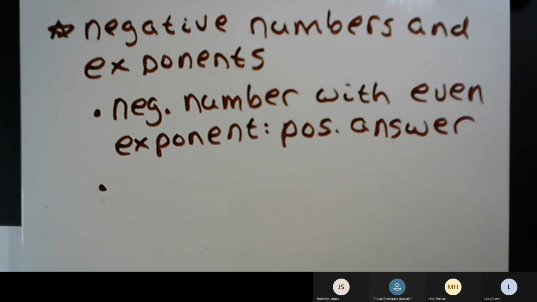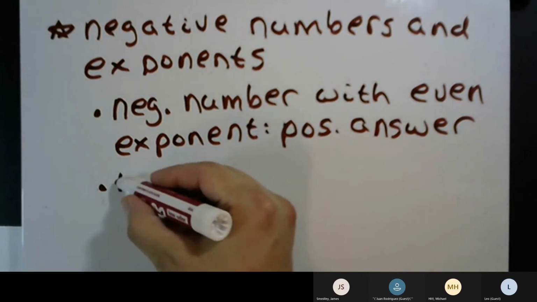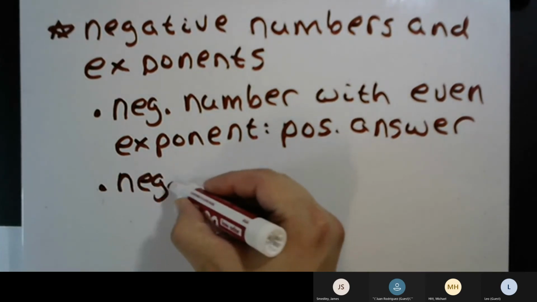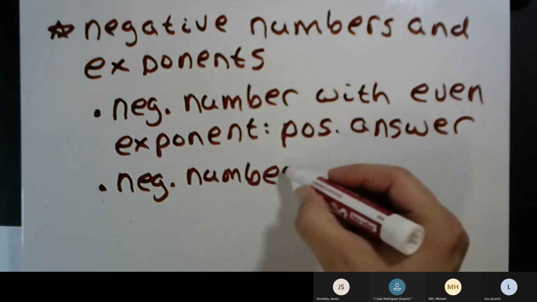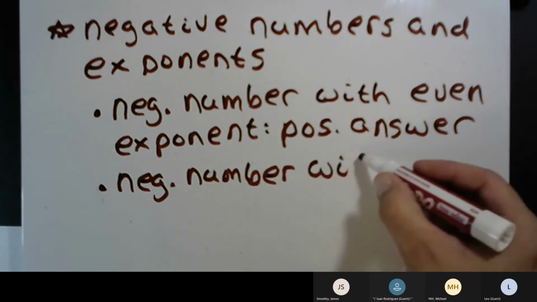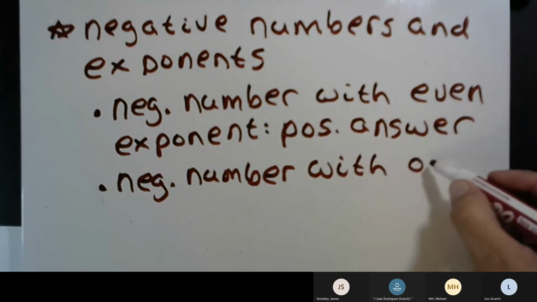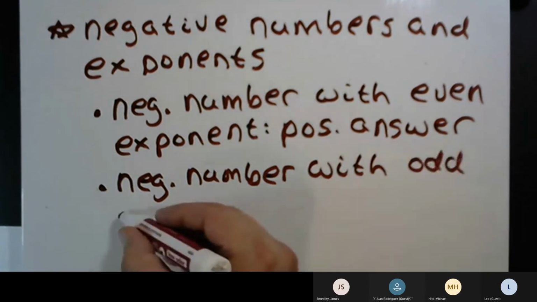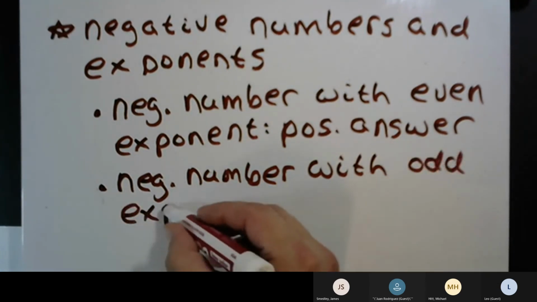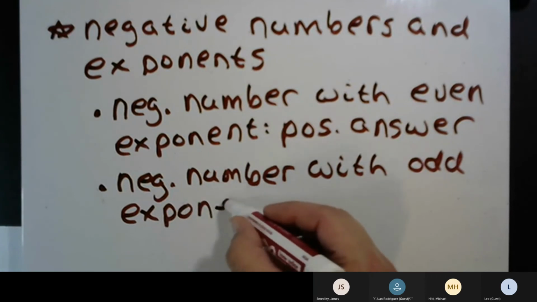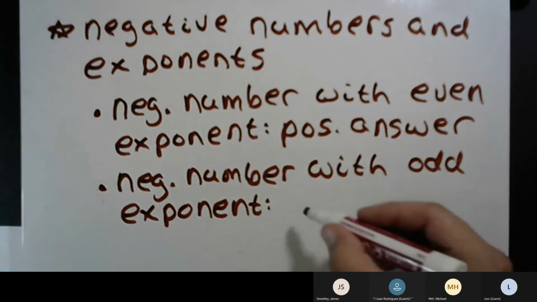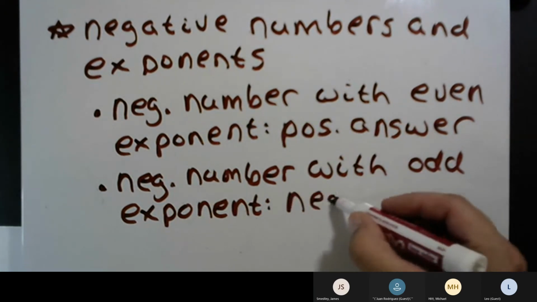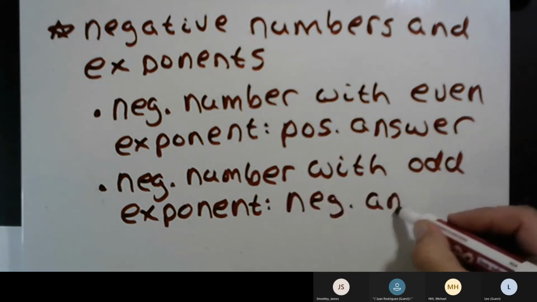But if you take that negative number and give it an odd exponent, you're going to get a negative answer.